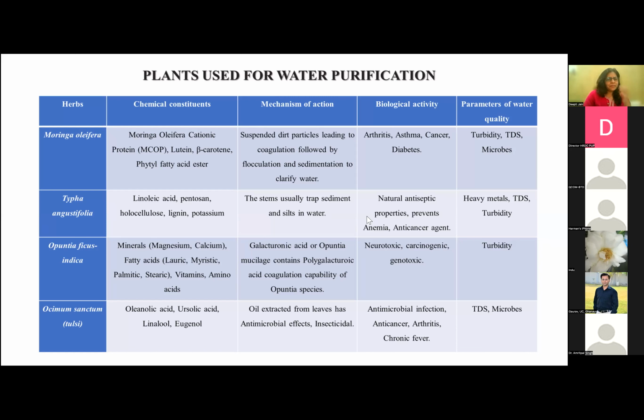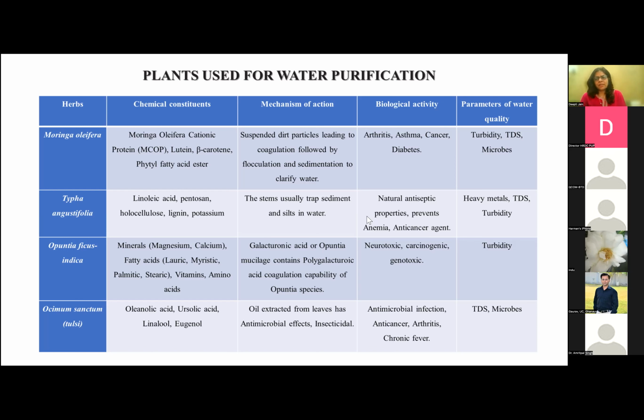The second plant can be Typha angustifolia. It contains linoleic acid, pentosan, holocellulose, lignin, and potassium. In the same fashion, it is acting. The stems usually trap the sediment and silt in the water. Once it is grown in an area where heavy metal content or dissolved salts are high in water, all these dissolved solids and heavy metals will be consumed by it.